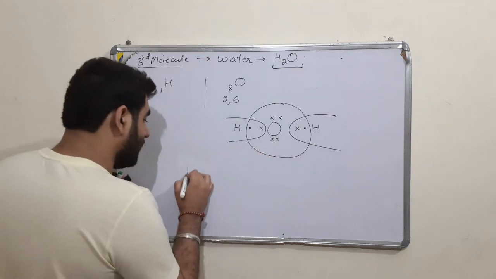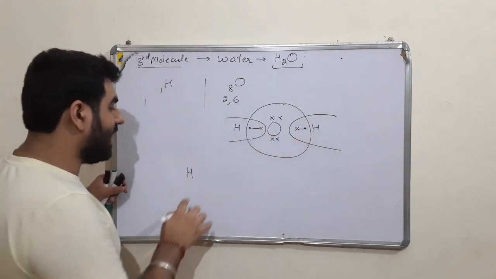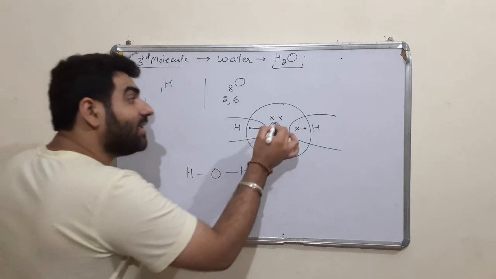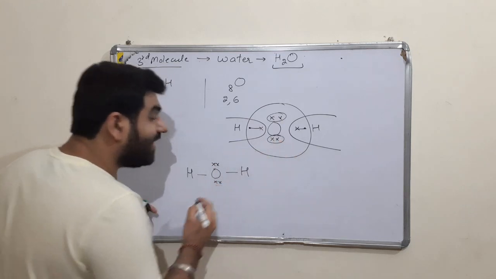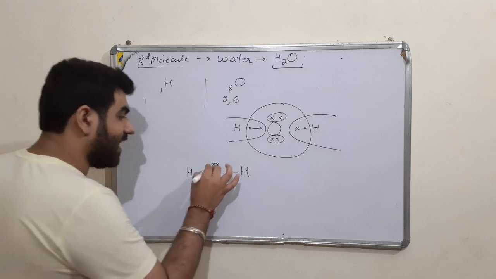Now let us see how the bond formation takes place. So this will be like this. The bond formation will be like this: H bond O bond H. Now these electrons are left alone after the bond formation has taken place.